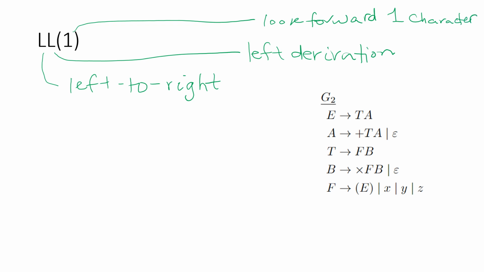This is the way that a particular parser might work, with LL(1), and then there are other varieties. You can put different numbers in here. There's LR as well. We won't go into the details of that, but I did want to point out that there are ways to characterize grammars this way.